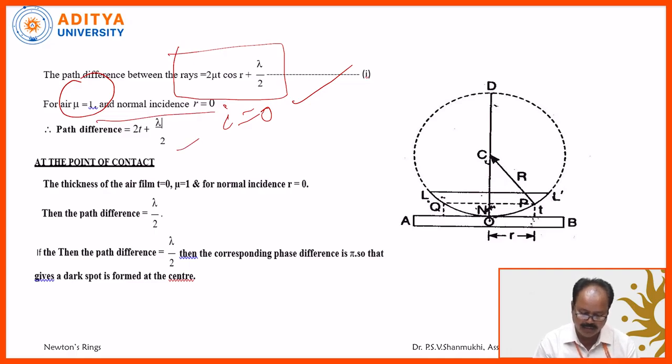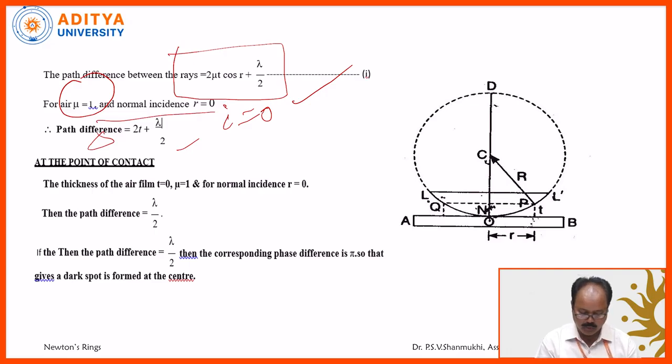Therefore, the path difference delta is equal to 2t plus lambda by 2. If it is equal to n lambda, we observe constructive interference. If it is equal to 2n plus 1 lambda by 2, we observe destructive interference or darkness.